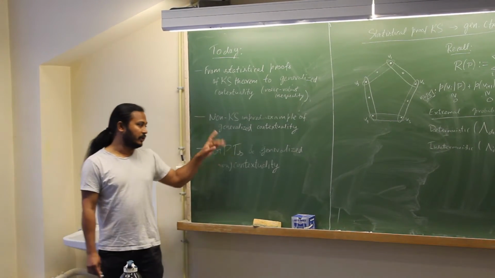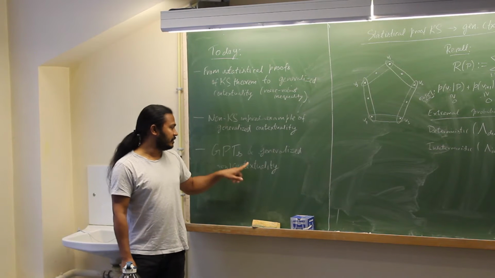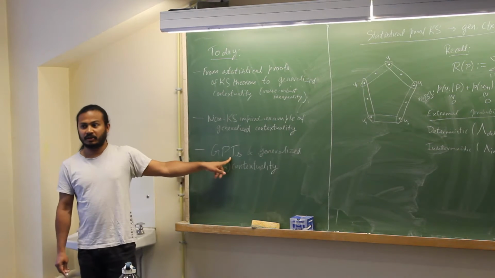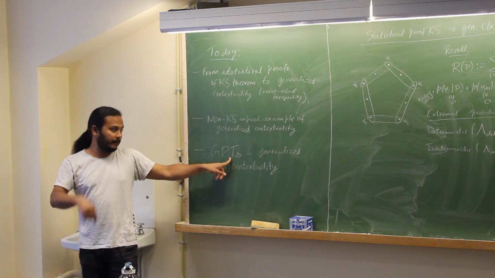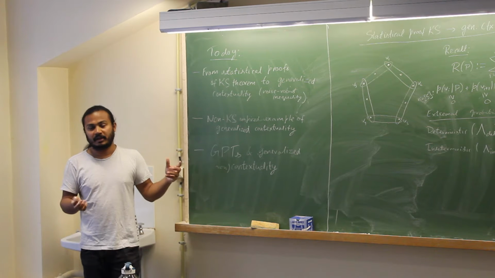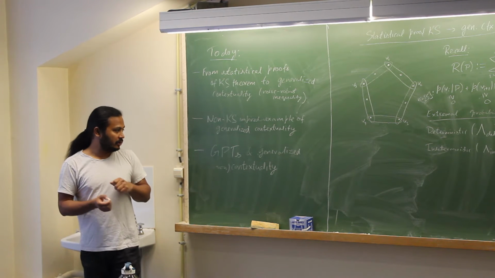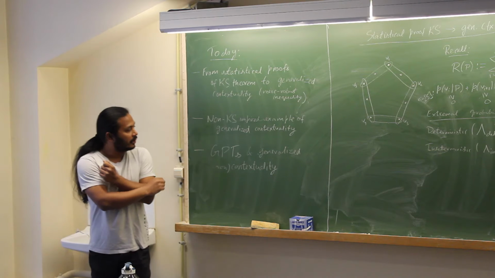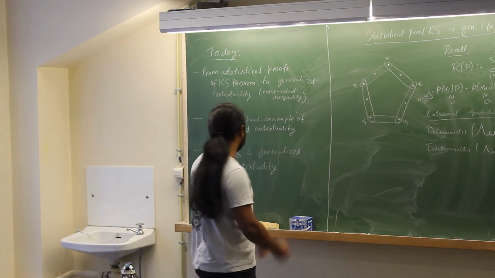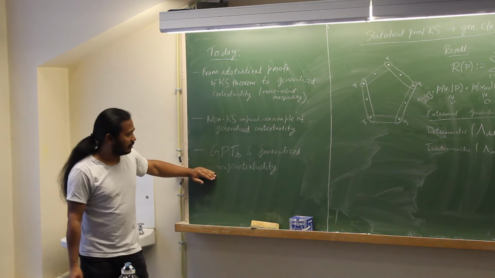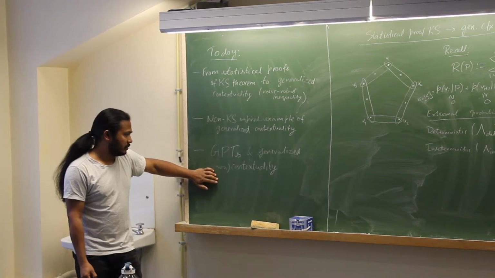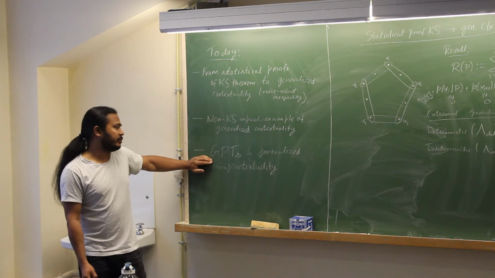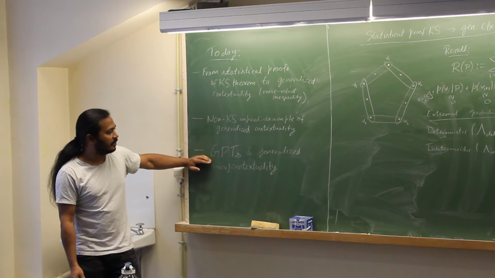We want to interpret generalized contextuality in terms of the geometry of the generalized probabilistic theory that describes your experimental statistics. This description will be at the theory level.